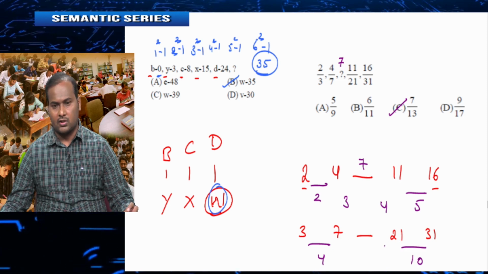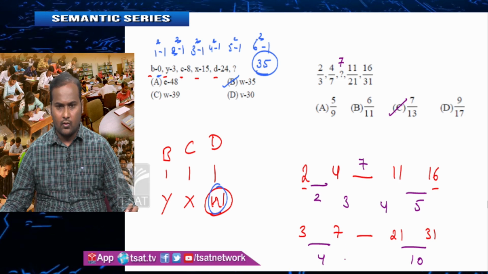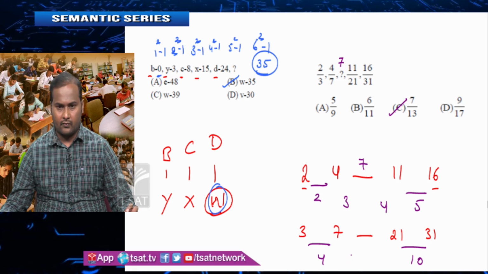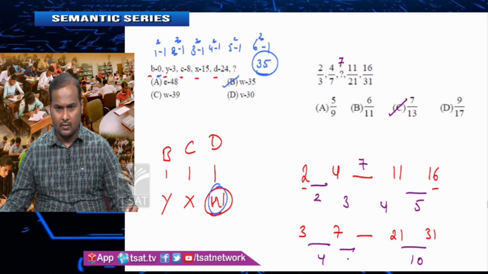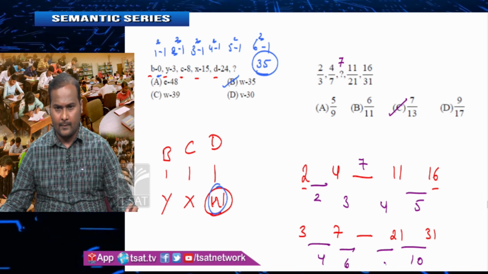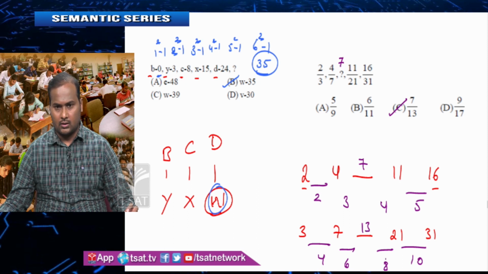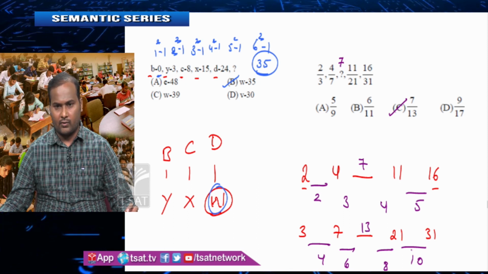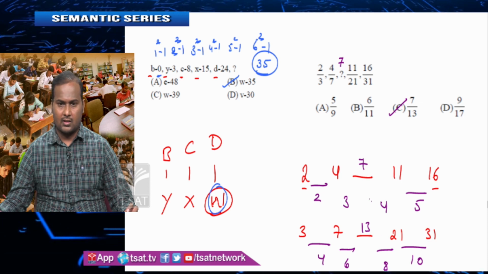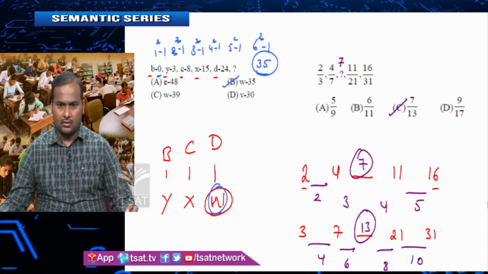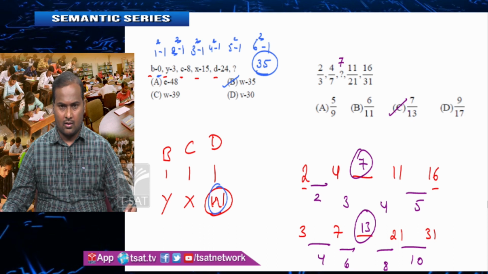So what might be the possible differences in between? That is 4, 6, 8, 10. So obviously the difference here will be 6. Here the difference will be 8. So 7 plus 6 is 13. 13 plus 8 is 21. 21 plus 10 is 31. So your answer is 7 by 13. So 7 by 13 is the answer.